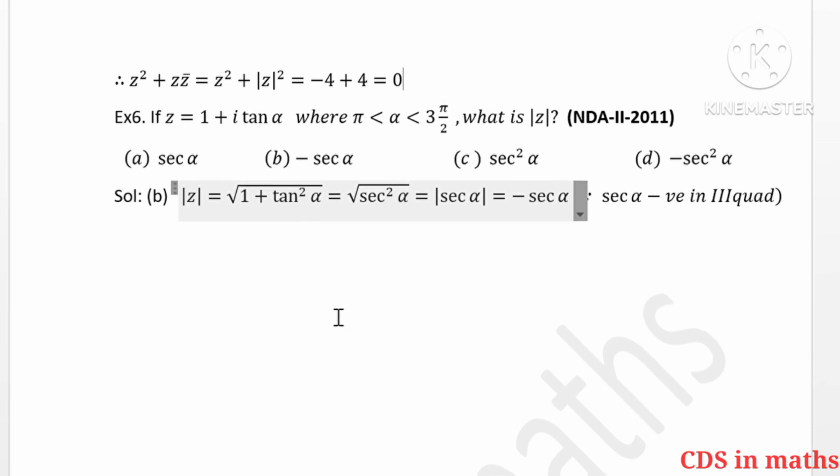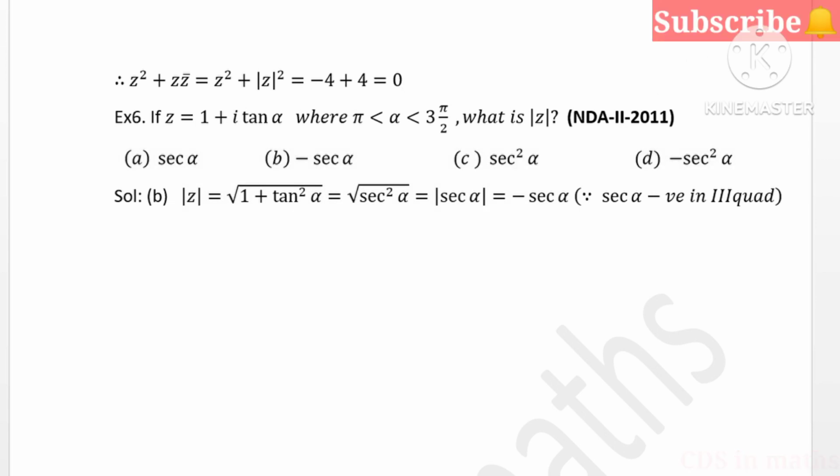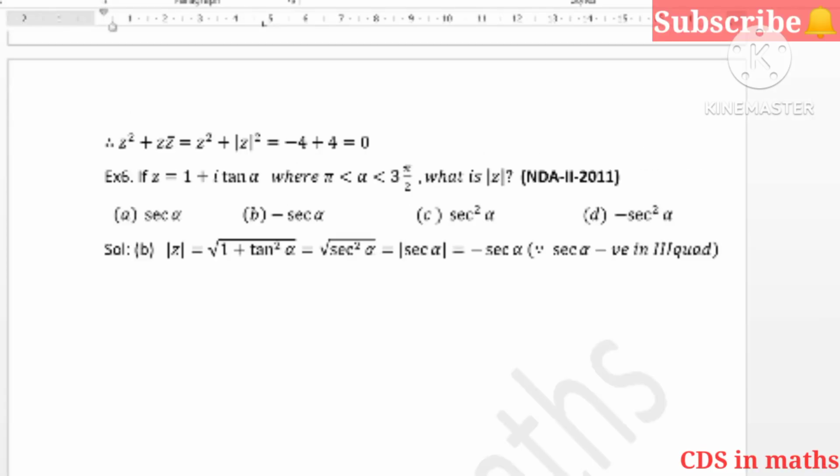So sec is negative in the third quadrant, so this negative with the minus will make it positive, and these two are not the answer. So this is the right answer. Very nice question. So in my next video I'll discuss what is the amplitude of a complex number. Till then, bye. Thank you.